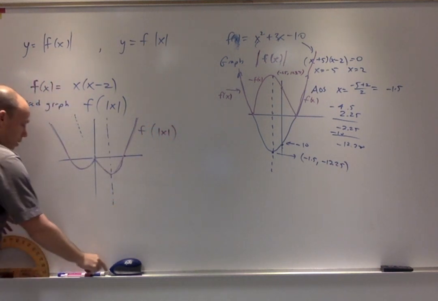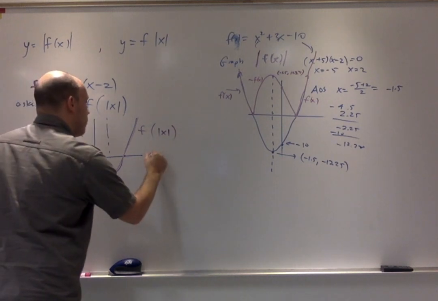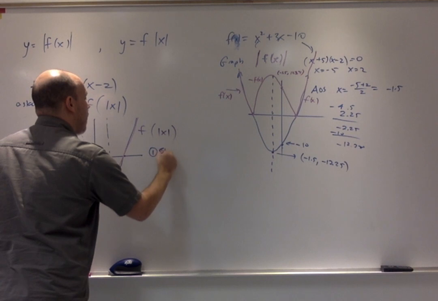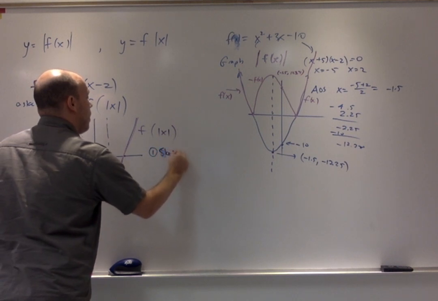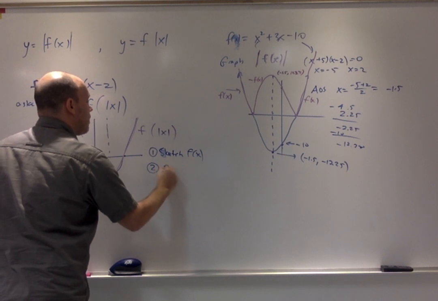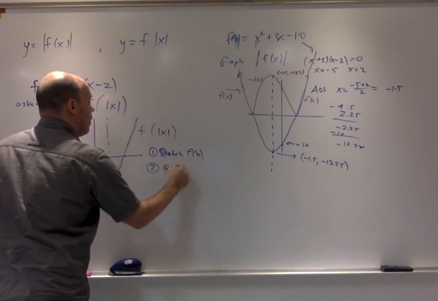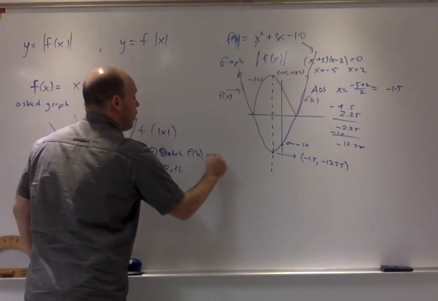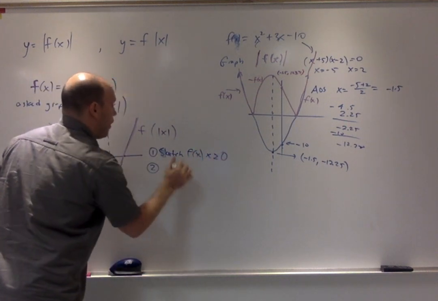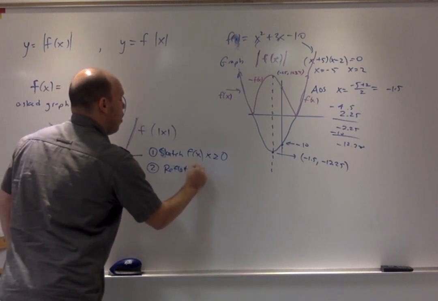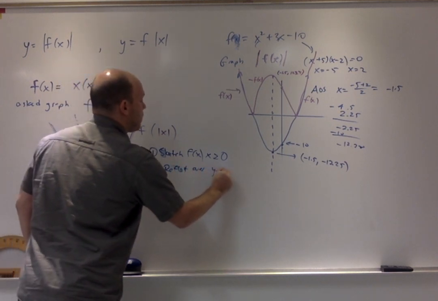So once again, step 1, sketch f of x. Step 2, sketch f of x for x greater than or equal to 0, and then reflect over the y-axis.